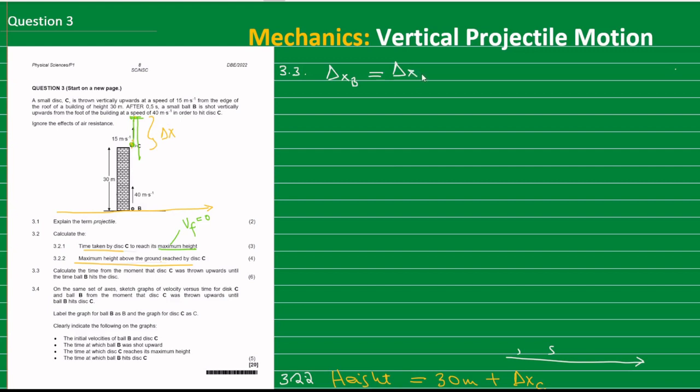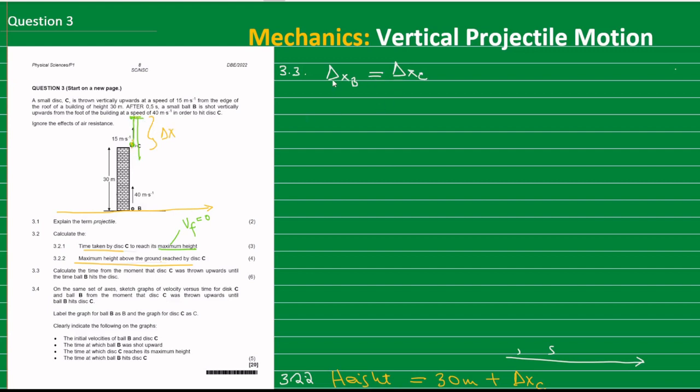So I am referring to ball C, that is the disk C. When you look at disk C, it is already at a height. So the displacement of disk C will be 30 meters plus its new displacement when it moves up.